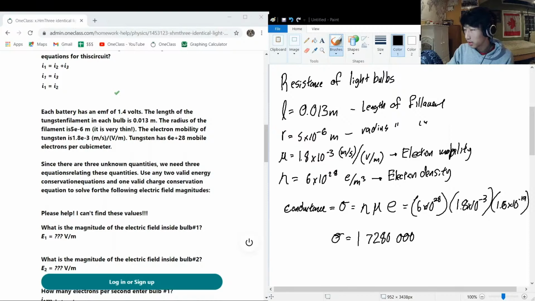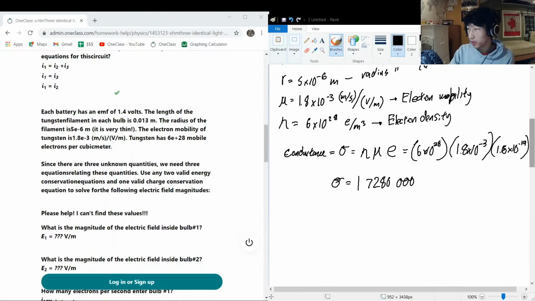So given our conductance value, we want to use this in Pouillet's law to get the resistance. So we know that resistance is equal to rho, and I'll explain what rho is real fast. Actually, instead of writing rho, I'll just write it in terms of conductance.